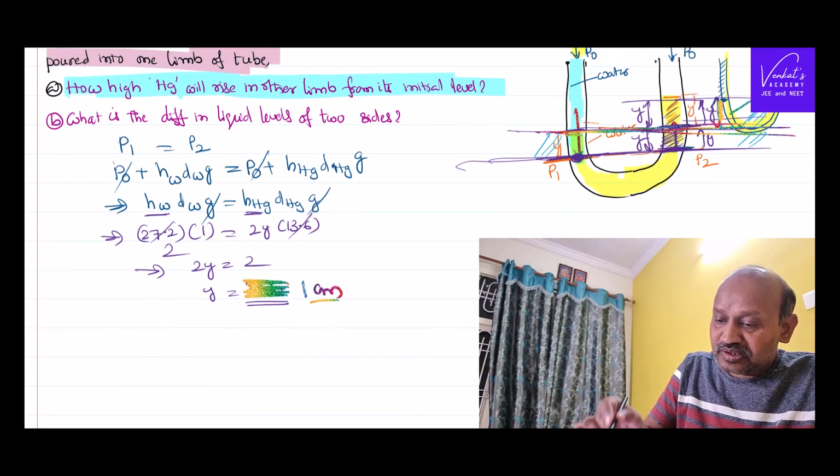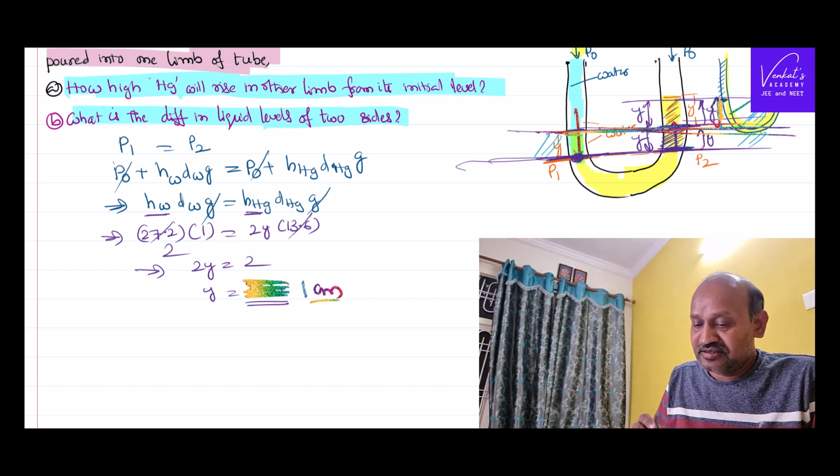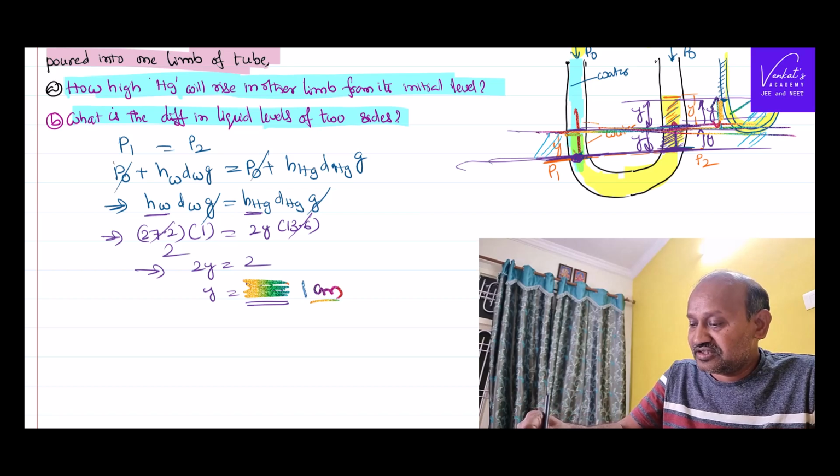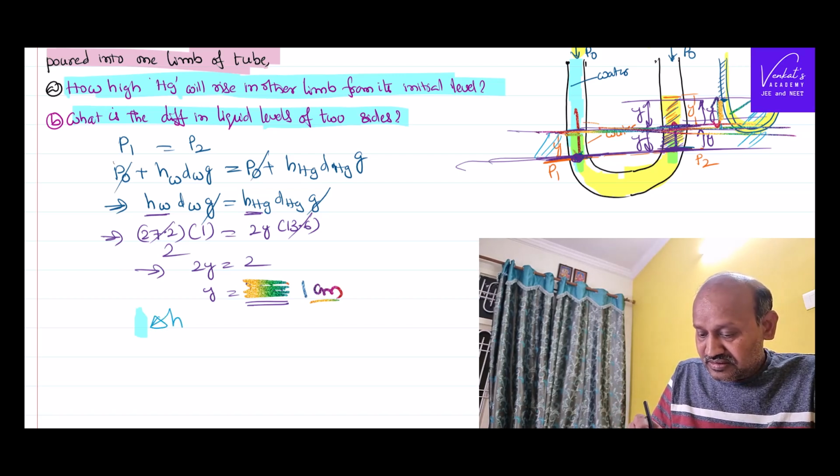Let's look at the second part of the problem. What is the difference in the liquid levels on both the sides? Again, you can take these two points as a reference. Delta h: from here it is the height of the water, that is 27.2.